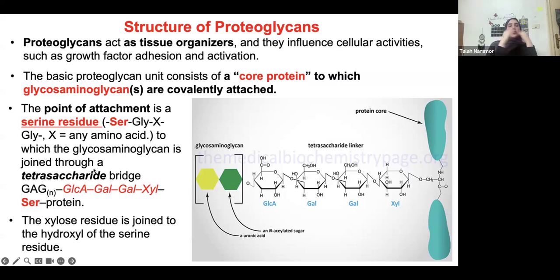So you only need to know proteoglycans are tissue organizers. They are made up of glycosaminoglycan plus core protein. The glycosaminoglycan binds to the protein through a tetrasaccharide bridge. This tetrasaccharide bridge binds to the core protein through a serine residue. Tamam? Clear?